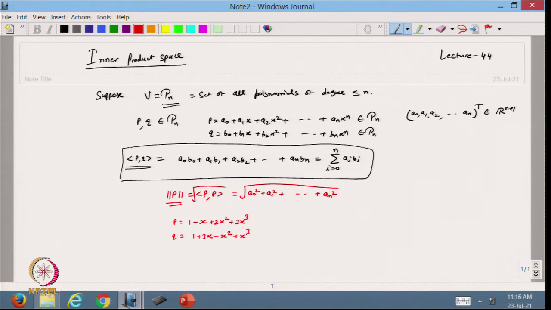So, let us take these two cubic polynomials.